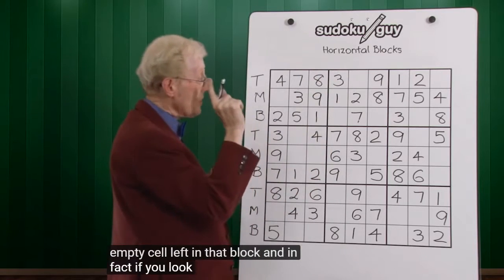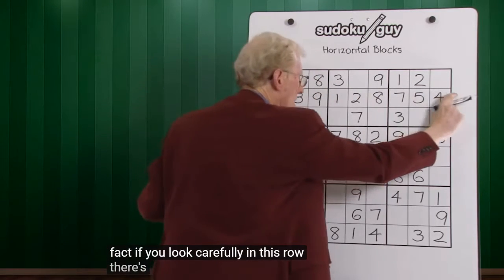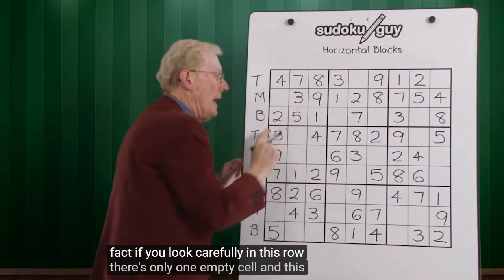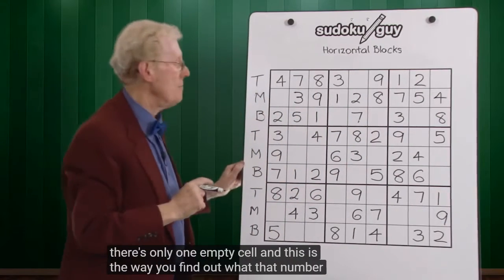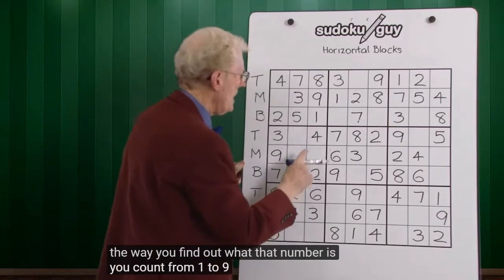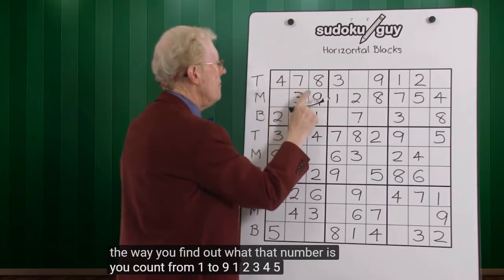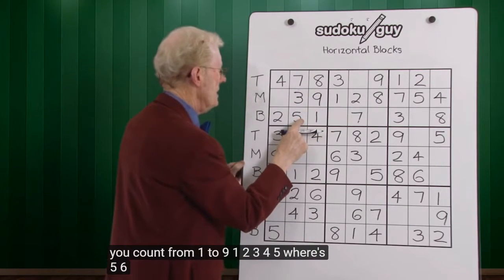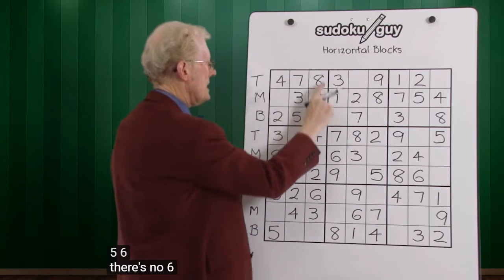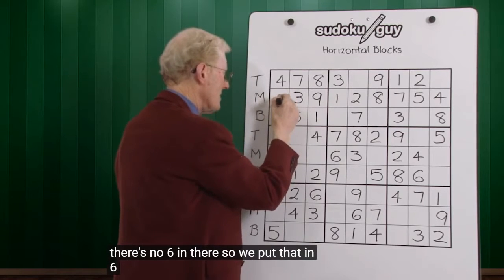And in fact, in this row, there's only 1 empty cell. This is the way you find out what that number is. You count from 1 to 9. 1, 2, 3, 4, 5. Where's 6? There's no 6 in there, so we put a 6 there.